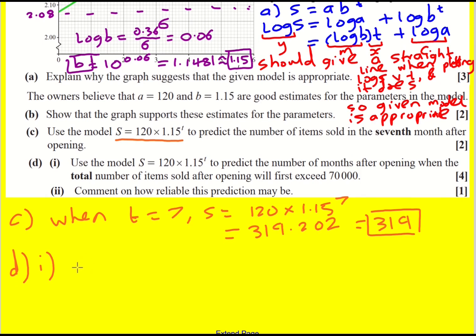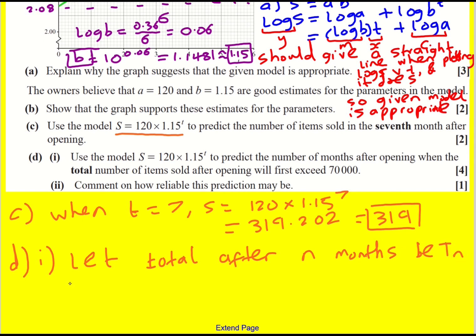So this is going to be the total. Constant S is used for the sum, so it's a little bit confusing. Maybe let's let the total after n months be Tn.